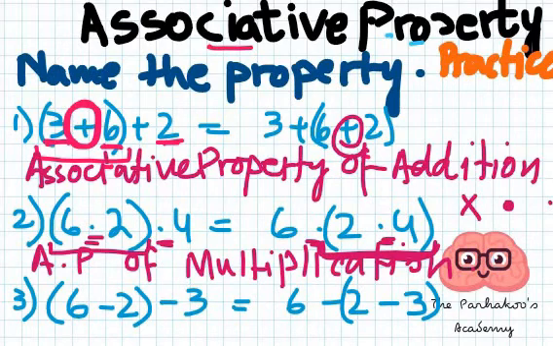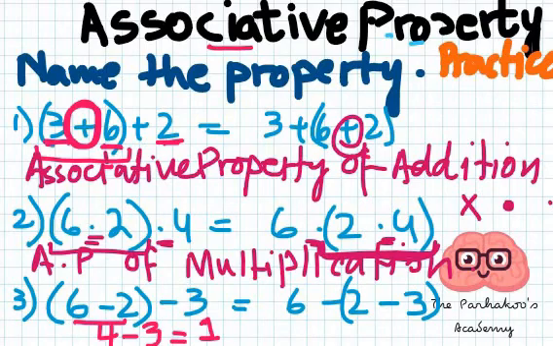Now the third one is 6 minus 2, which is the first group. So 6 minus 2 is 4, minus 3, and 4 minus 3 is 1.